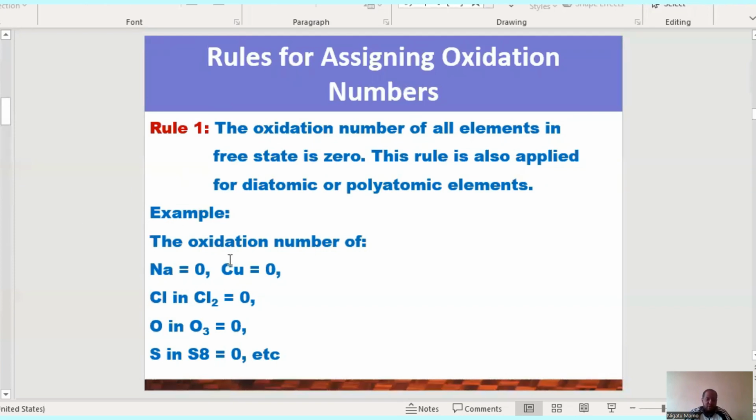The oxidation number of sodium is 0. The oxidation number of copper also is 0 because they are neutral. Chlorine in Cl2, the chlorine molecule, is 0. Oxygen in O3 is 0. Sulfur in S8 also is 0, and so on.